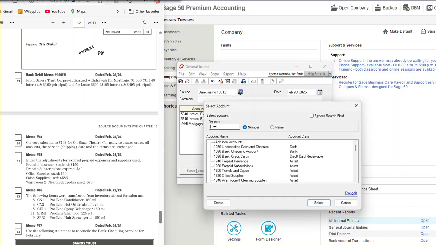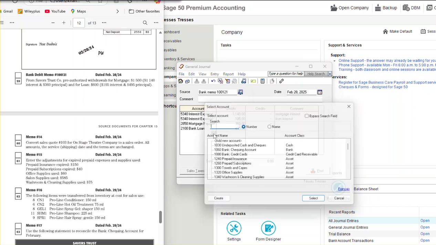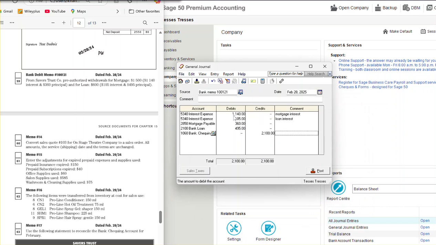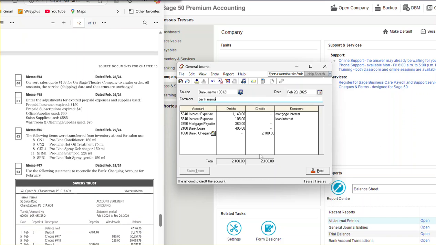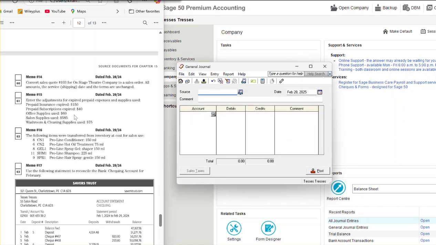And we also have a loan payable, should be in my bank loan payable, and the amount should be 495. And then we have cash in the bank, and that should be the full amount. We are good to go. You can say bank memo, February 28th. I will post this transaction, and now we're going to go to my next one.